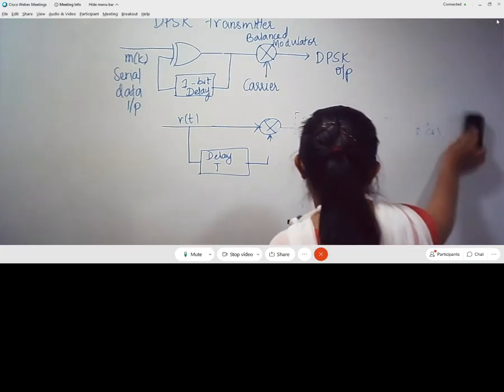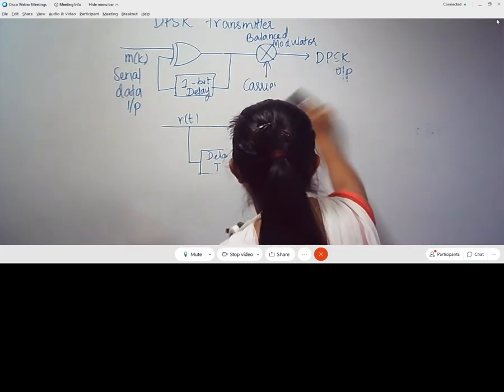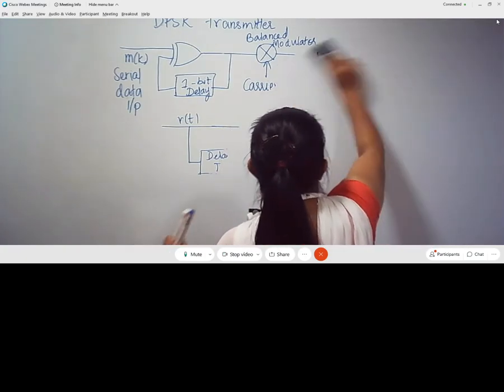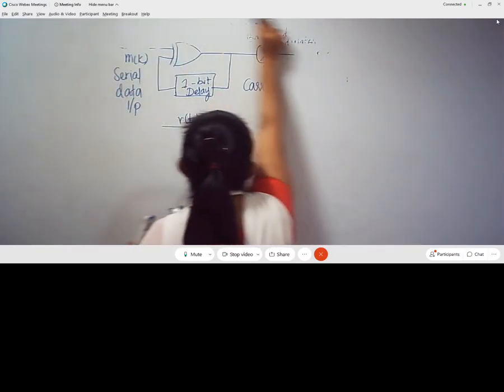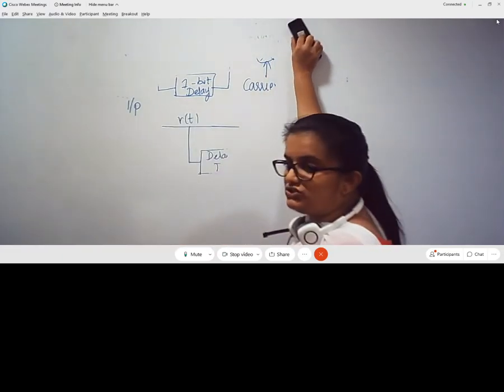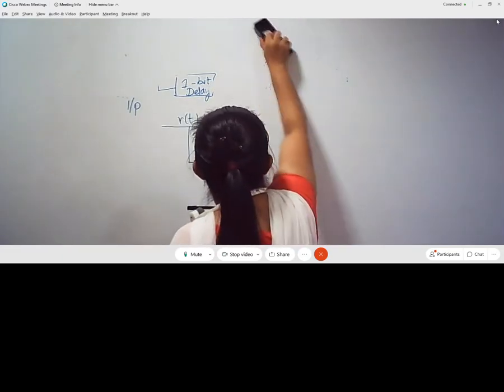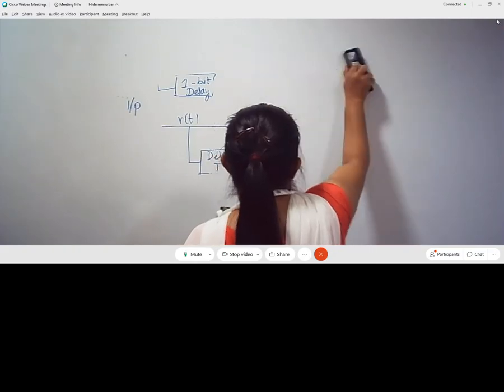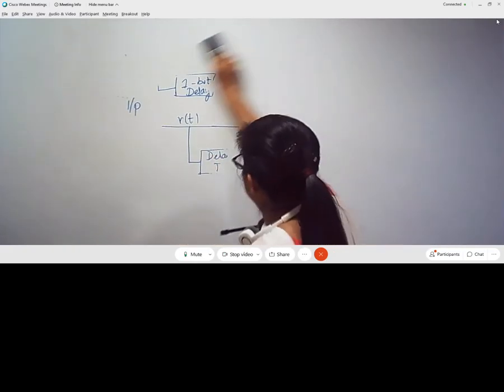So this is one base. These are the two main reasons why we go from a simple PSK to a differential PSK. But the very disadvantage of the non-coherent system is the very same advantage itself.